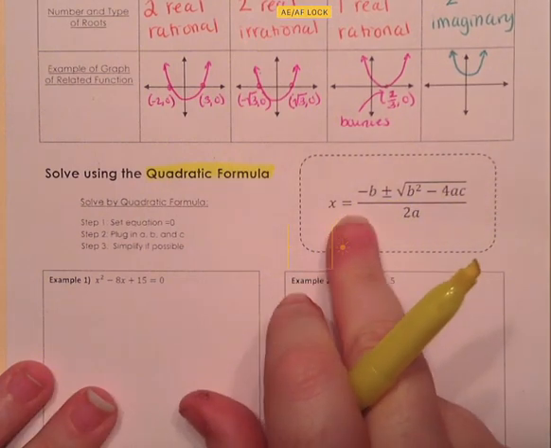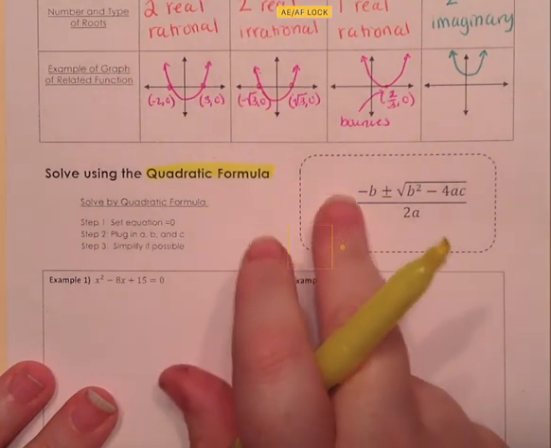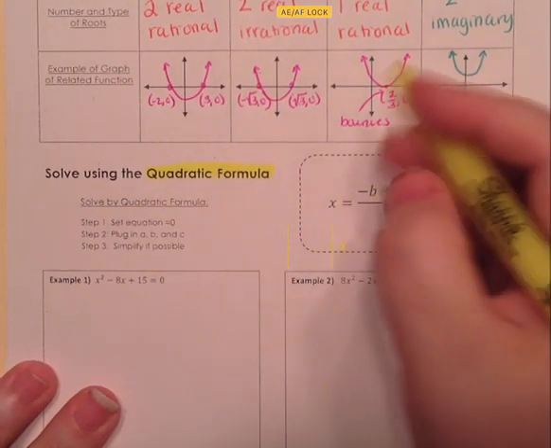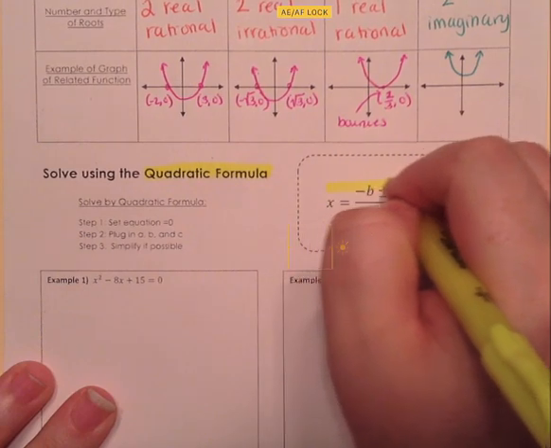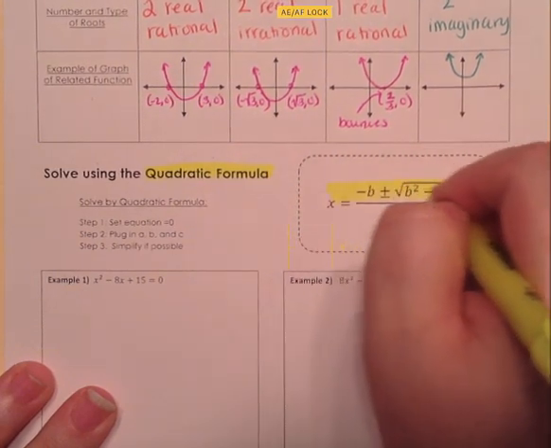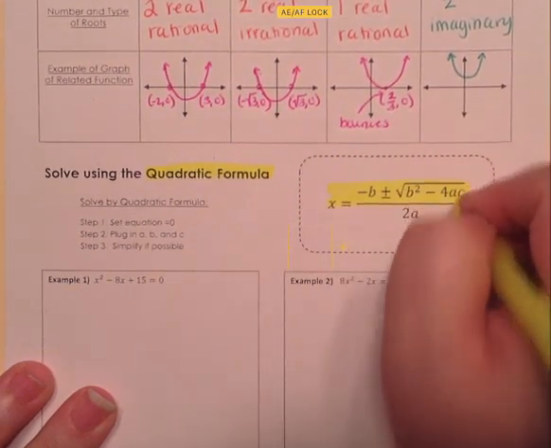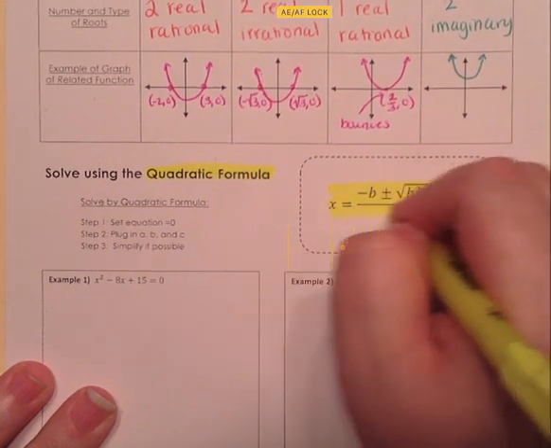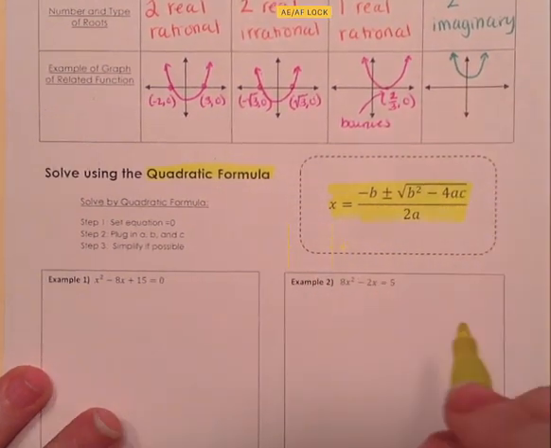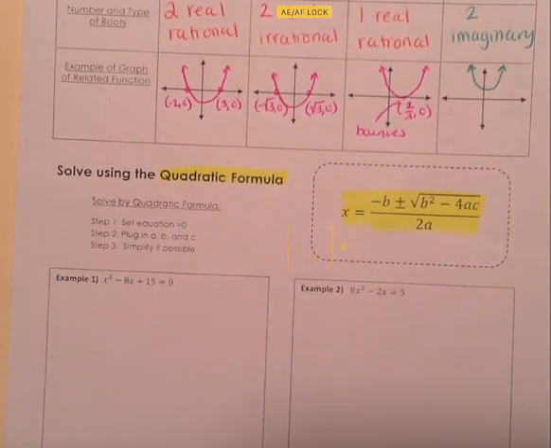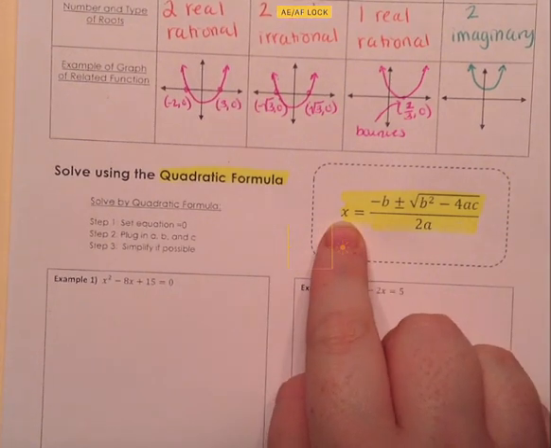Now, when I said all over, notice that my x is still alone because we're solving for x. That all over is important because all of that has to be over 2a, except obviously the x, because x has to be alone.